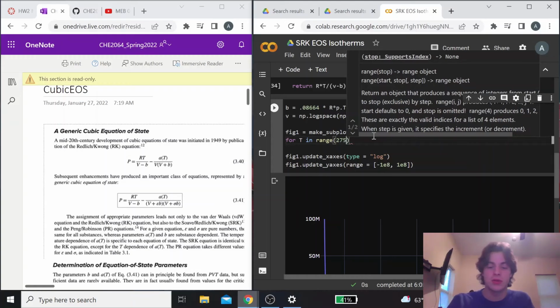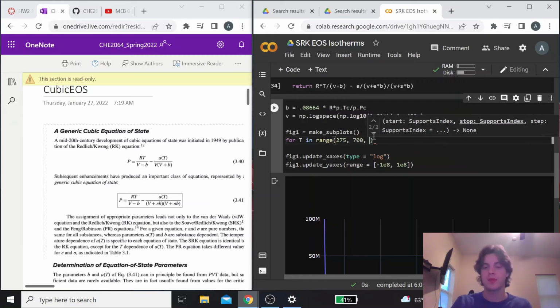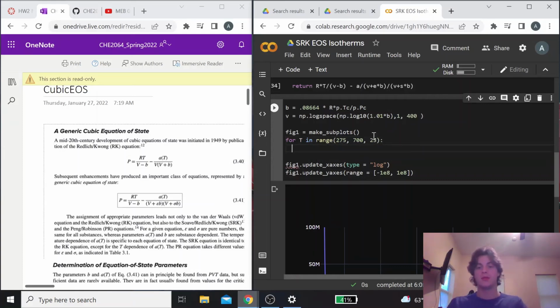So I'll start just above that, and we'll stop, I don't know, let's go to 700, and our step, let's do it by 25, right? And so then we will have our figure 1, we'll add scatter, right?